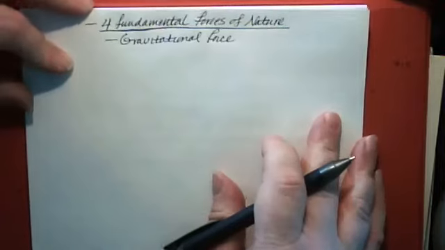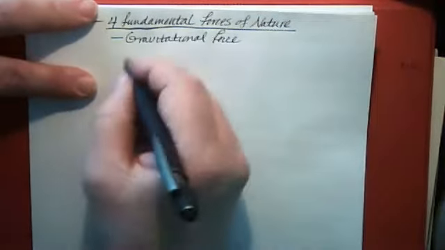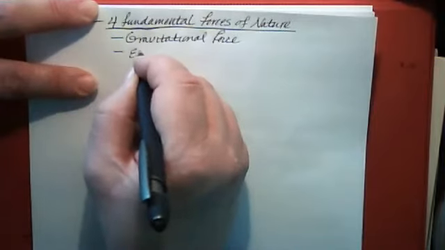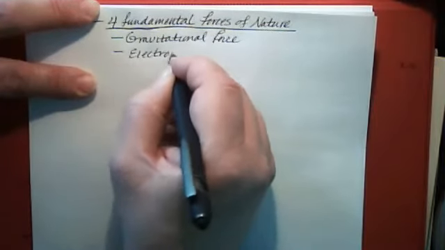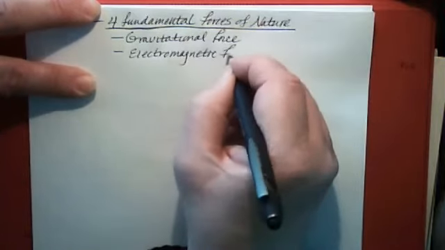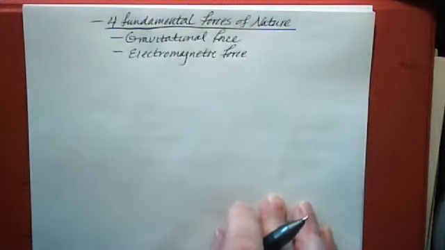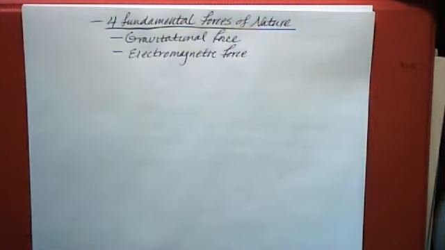One of them is a gravitational force, which we've already mentioned, and we'll be doing quite a bit with that. Another is electromagnetic force. Electricity or electric forces and magnetic forces are linked to each other, so they're often combined together in electromagnetic forces.